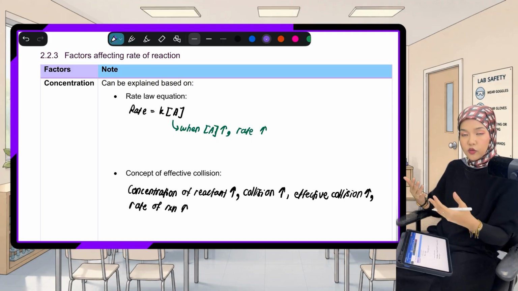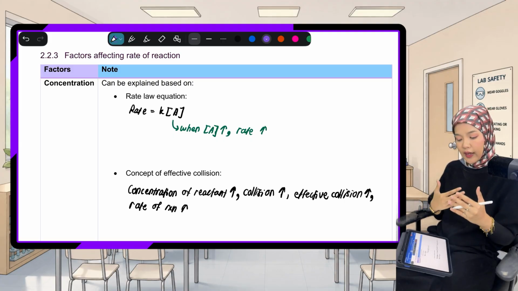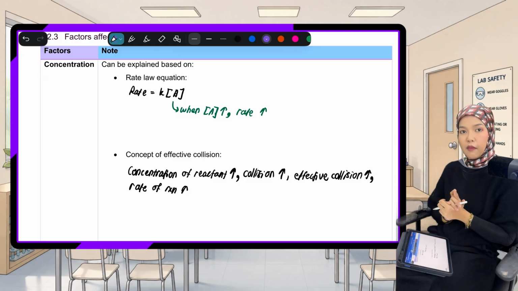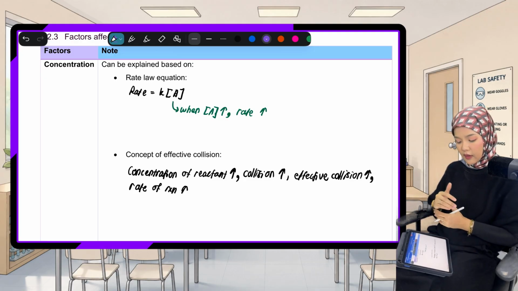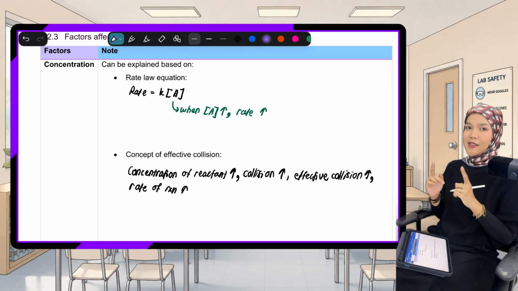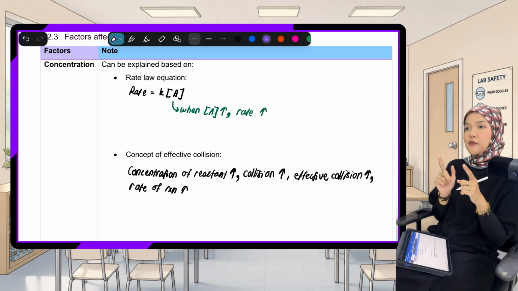What will happen to the rate? Then you can explain this based on the rate law. Secondly, you can use the concept of effective collision. Basically, the higher the concentration, the higher the collision, the higher the effective collision, the higher the rate of reaction. The key is we are looking into the effective collision.